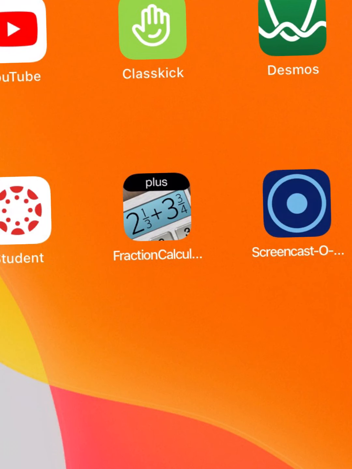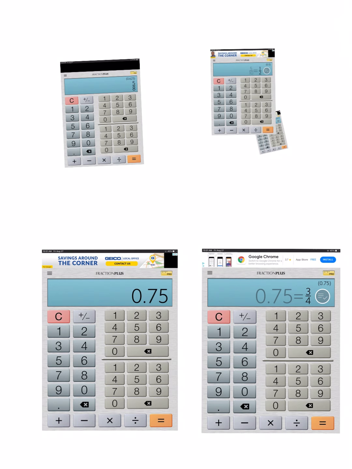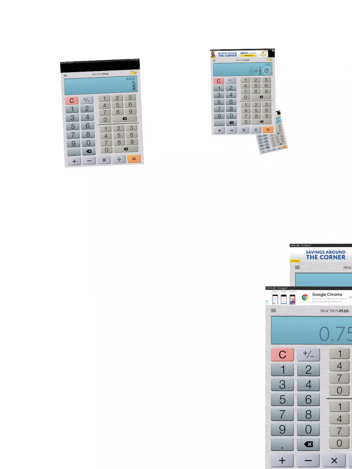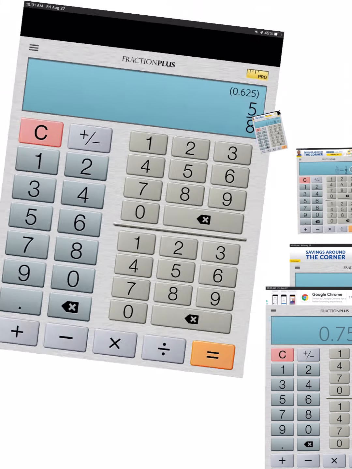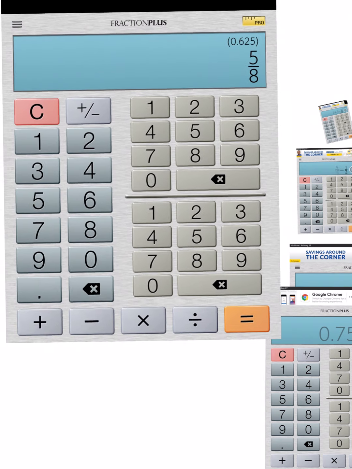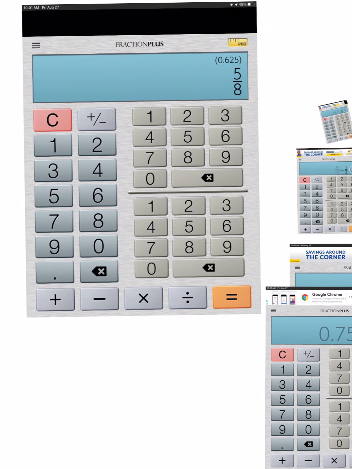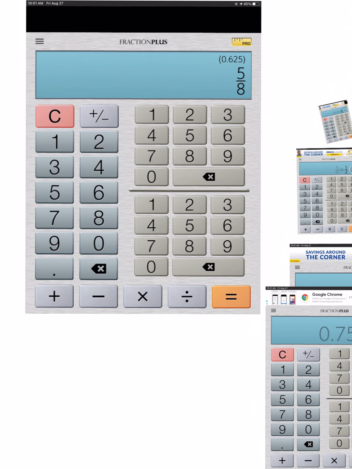Okay, hopefully you did. And let's look at what cool things you can do with this app. All right, so I have all these pictures of what you can do with this fraction calculator. So let's look at this first one. If you downloaded the right app, when you open it, it should look like this. Okay, you have this line right here.